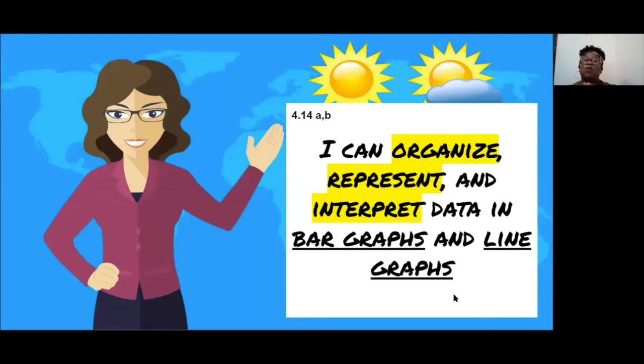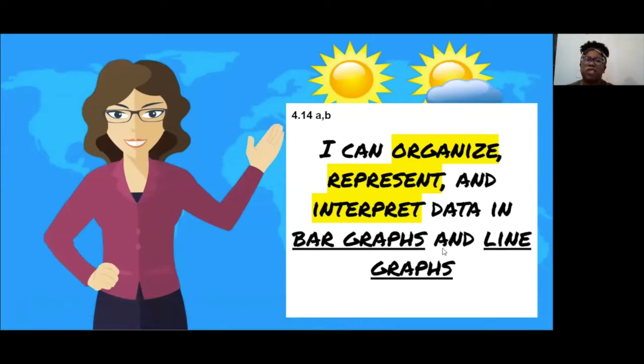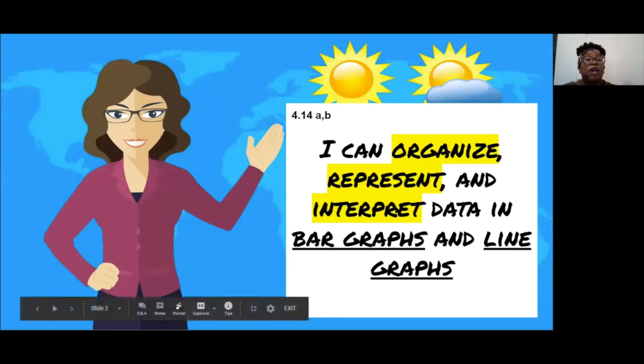Organize means to arrange in a structured way or even sort. How about represent? Represent means to basically show. We're going to show something in this case. And then interpret. Interpret means to draw conclusions.